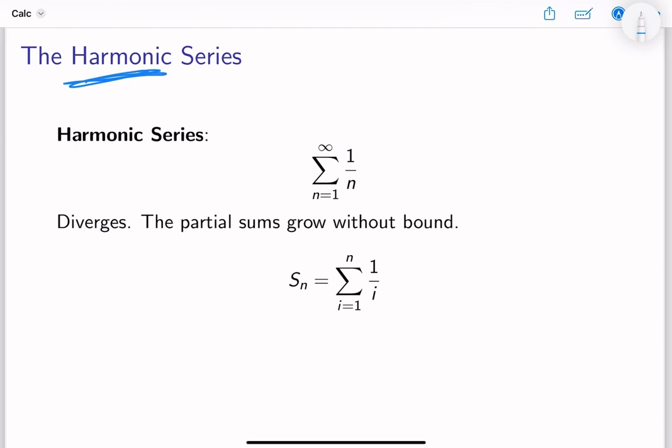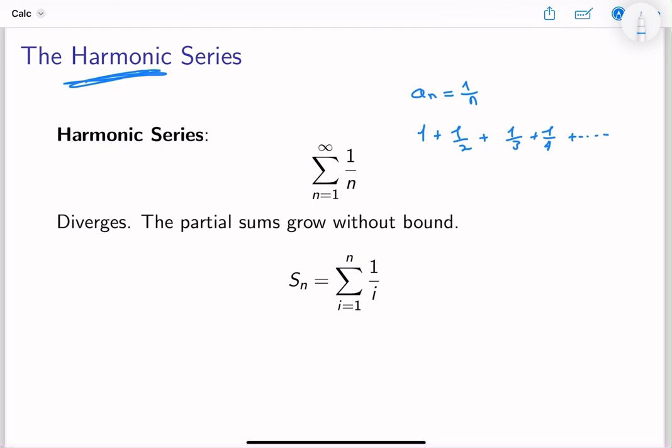I want to point out here that the sequence a_n that we're working with is 1 over n, and what we're doing is summing all the terms of that sequence. So we're going to sum 1 plus 1 over 2 plus 1 over 3 plus 1 over 4 up to infinity. We're going to be doing this forever. So this is a series.